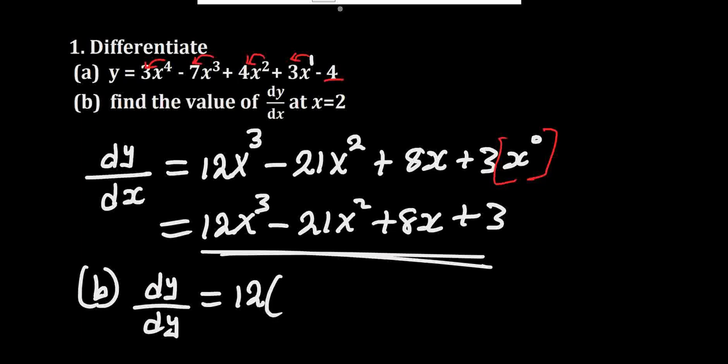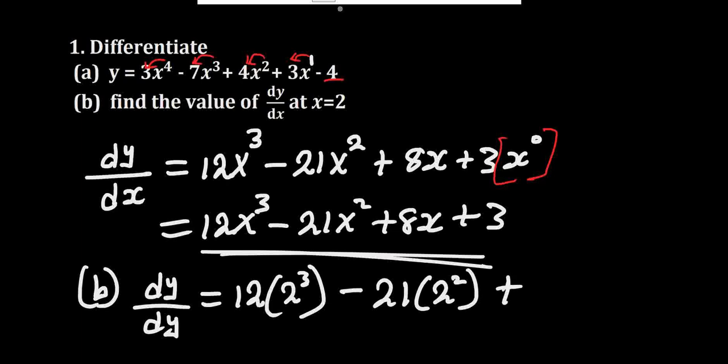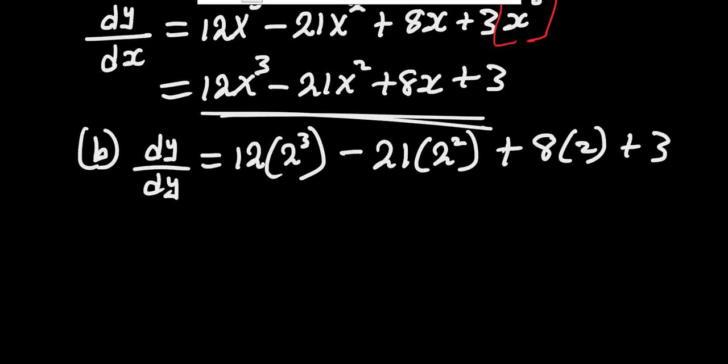So this will become 2 to the third power minus 21 times 2 squared plus 8 times 2 plus 3.